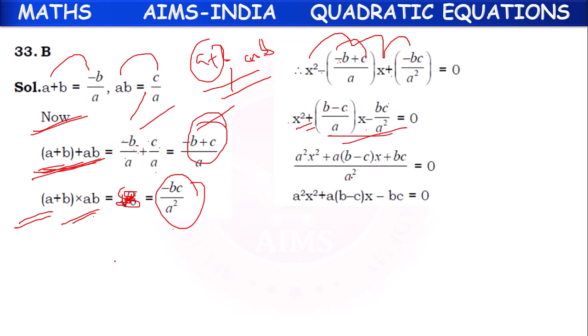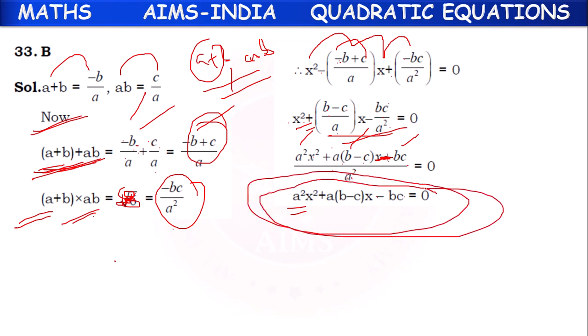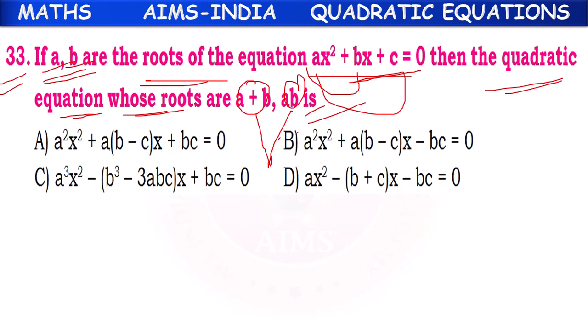Now LCM is a square. a square x square plus a into b minus c into x. Sorry children, it is minus bc. So minus bc equal to a square into 0, it will become 0. So this is the equation. So option B is correct.